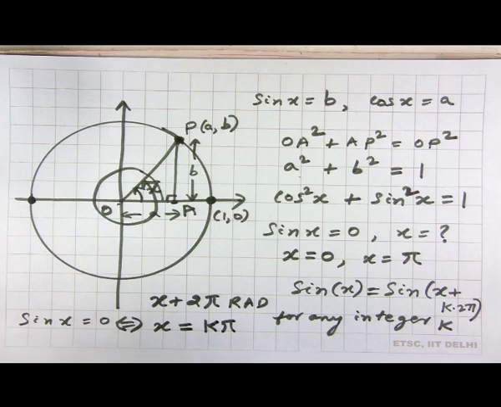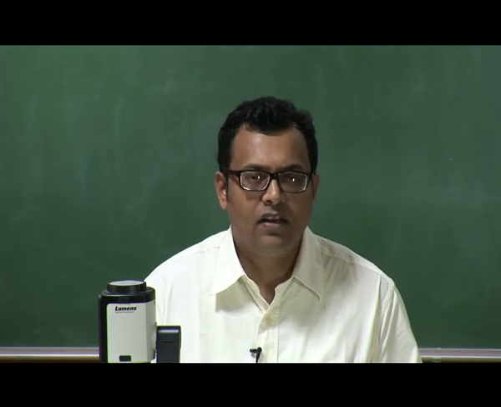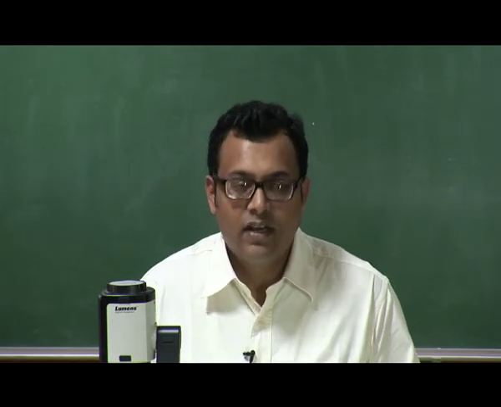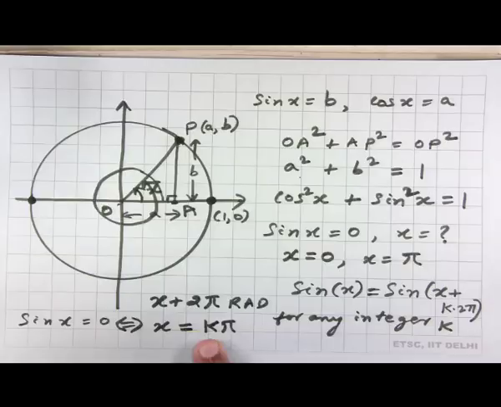So, you take any integer multiple of pi, if you take the sine of that angle, you will get sin x equal to 0. So, k could be any integer. So, it could be negative also.